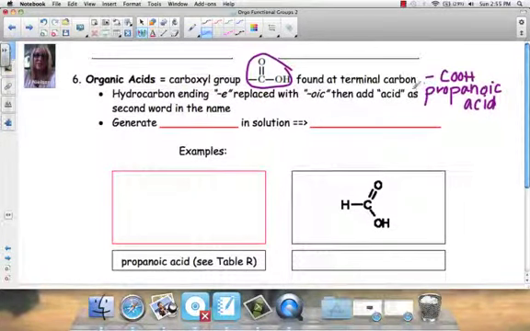So an example would be propanoic acid. It generates H plus ions in solution, and they are also called electrolytes because they have the ability to conduct an electrical current.